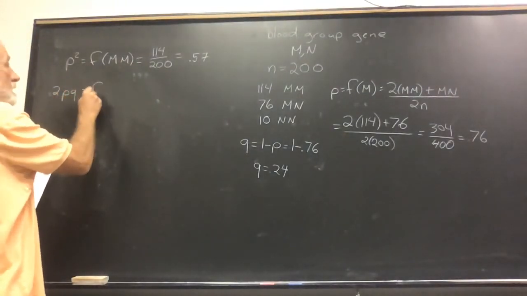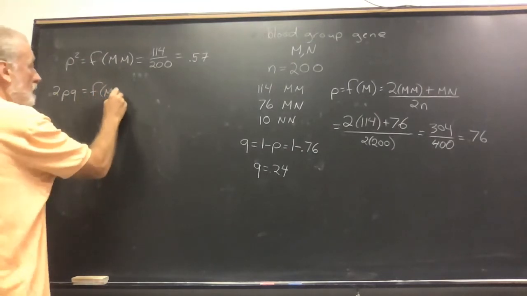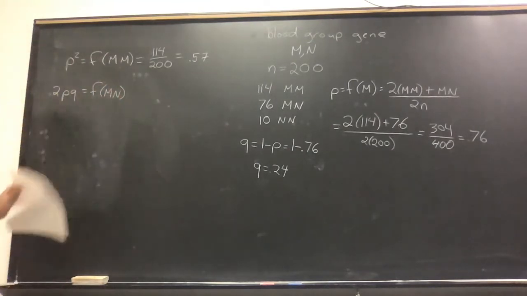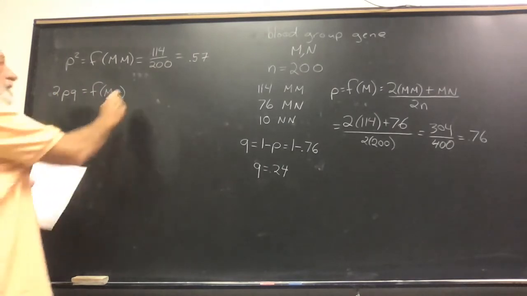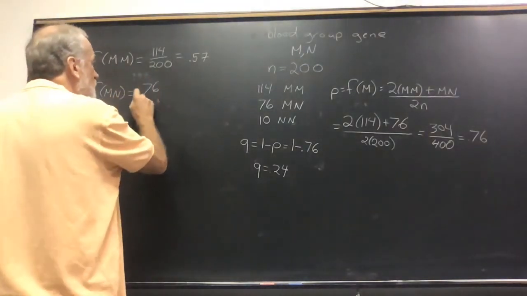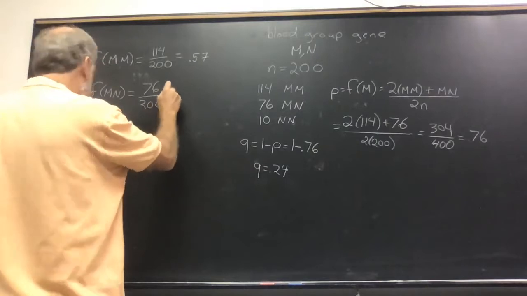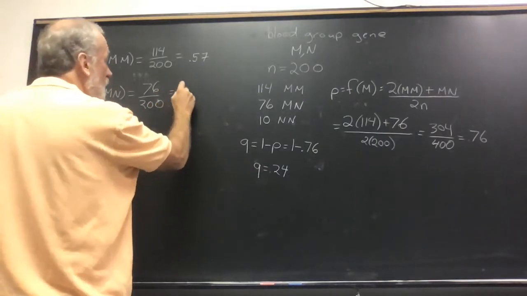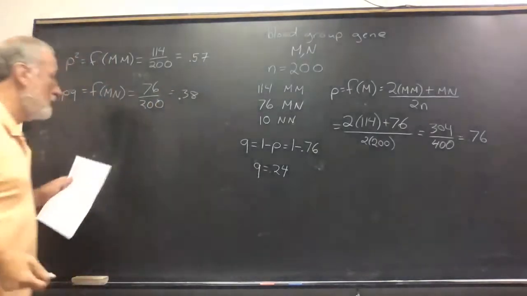2PQ, the frequency of the heterozygotes, those people with MN blood type, is going to be 76 over 200, 0.38.